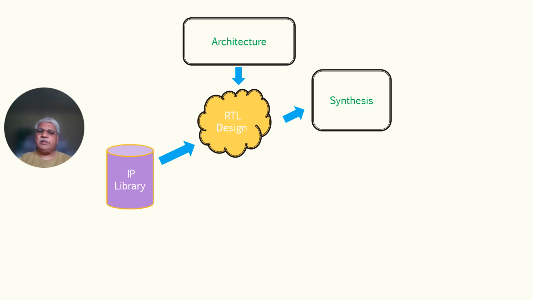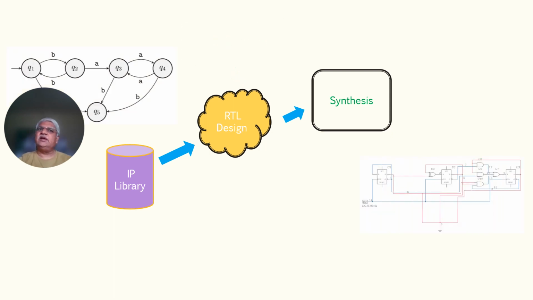So RTL power estimation is also done at the RTL phase, and then it is also converted through synthesis by taking the target IP library. It is made into a gate level netlist.